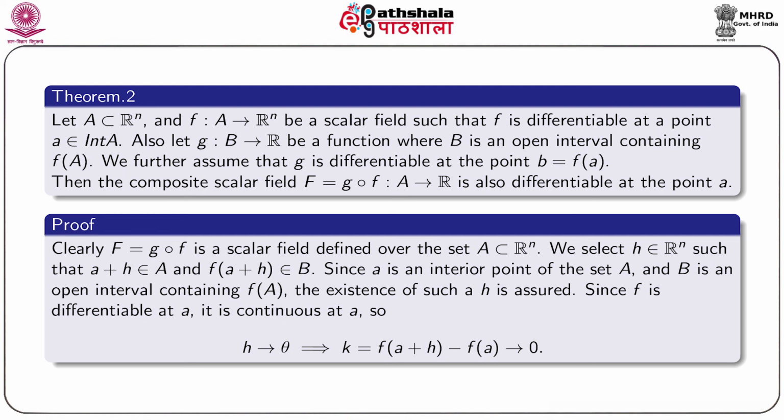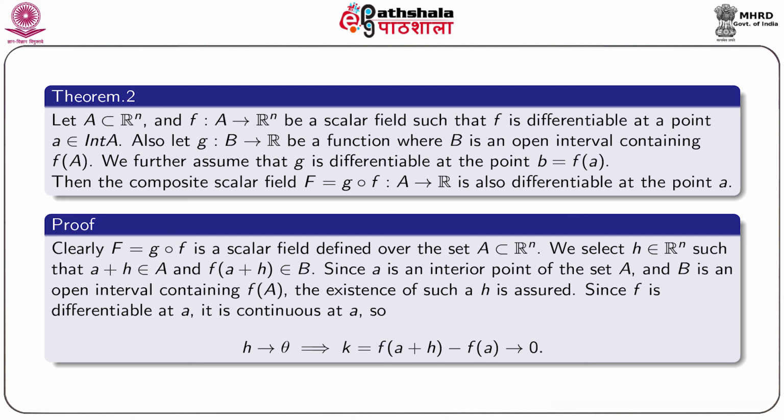We select h from R^n such that a plus h should be in A as well as f(a+h) should be in B. From our assumption, we find that a is an interior point of the set A. So, we can always find some h such that a plus h is in A. Moreover, B was an open interval containing f(a). So, we can always find h such that f(a+h) is in B.